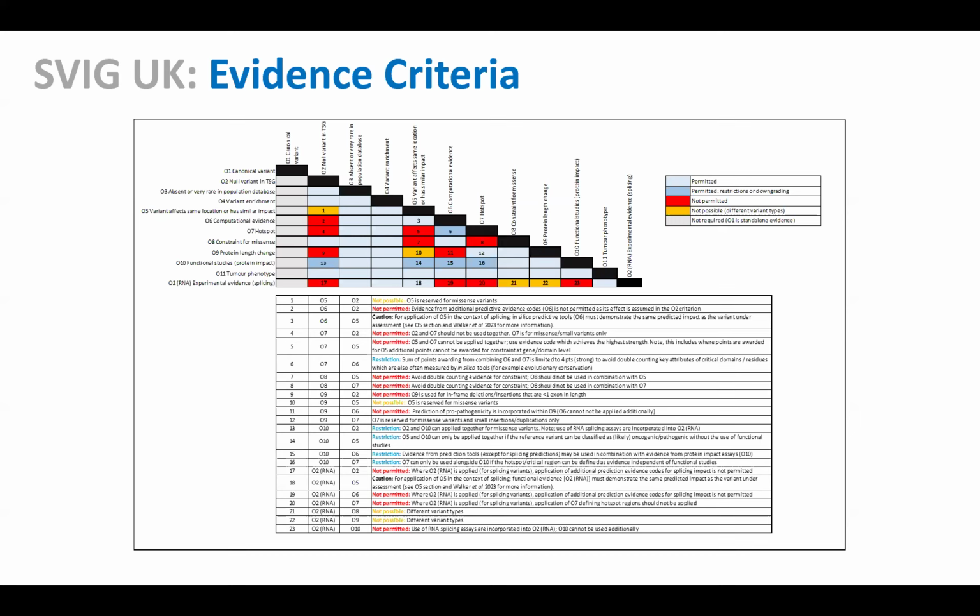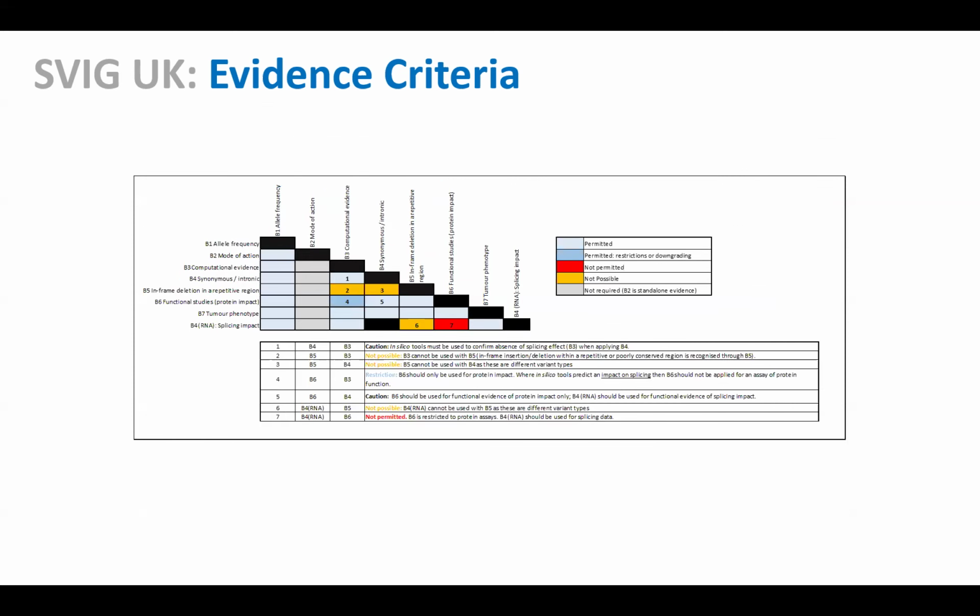Based on the CanVIG work, and with consideration of what is appropriate for the SVIG criteria, we reviewed all the O1 to O11 criteria across each other with any combination, and listed what we think is a not permitted combination, permitted combination, or combinations that should be restricted. So you should be very careful when you're applying them, or apply them in certain circumstances, but not all circumstances, just to allow people to remember that, or to guide people to avoid double counting of evidence between different criteria.